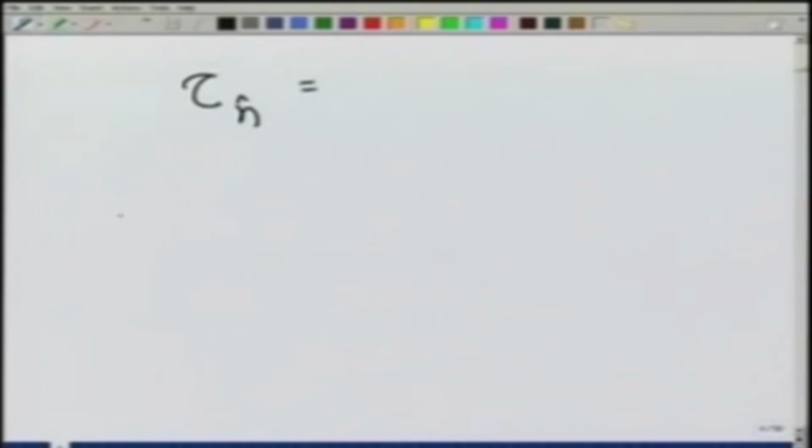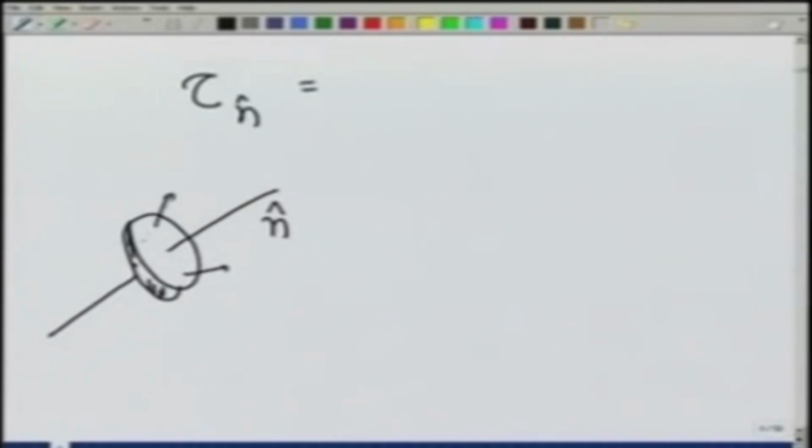So, let us say there is a disc which is rotating about a fixed axis which is in the direction of unit vector n, and there are various forces working on it. Then the torque about the axis n is going to be equal to the dot product of n with the total torque about, say, the origin O.